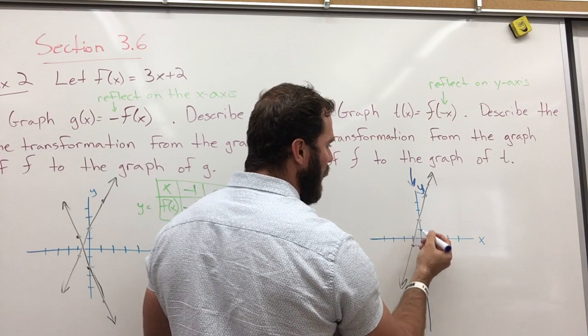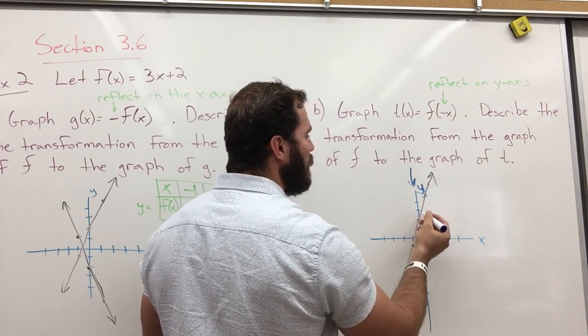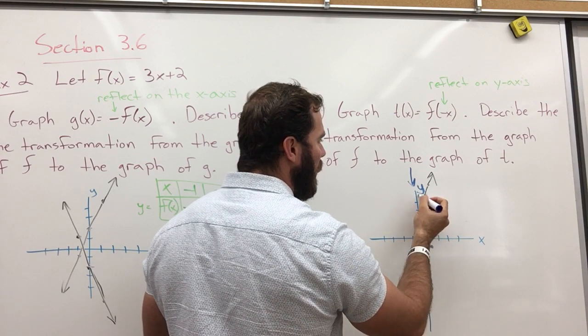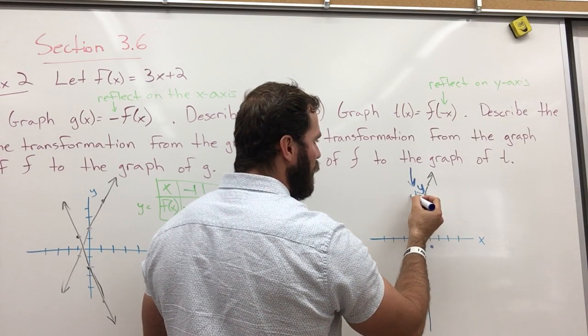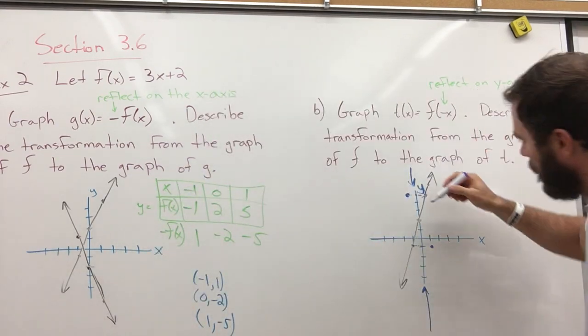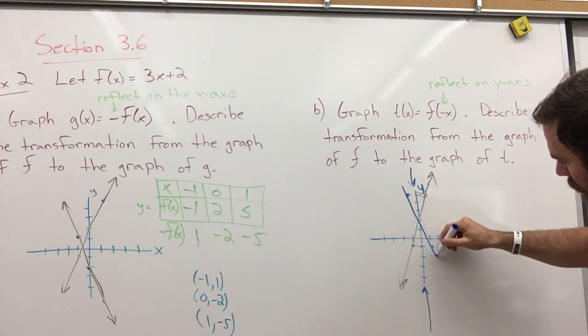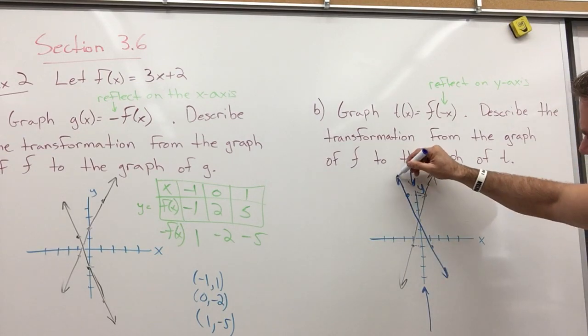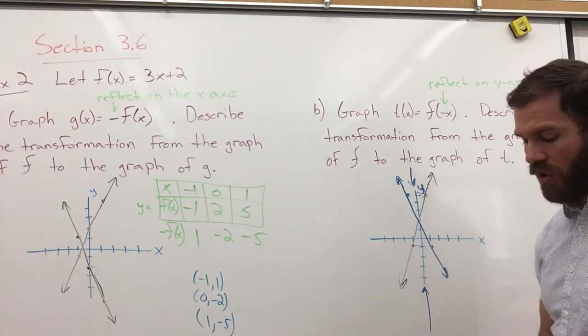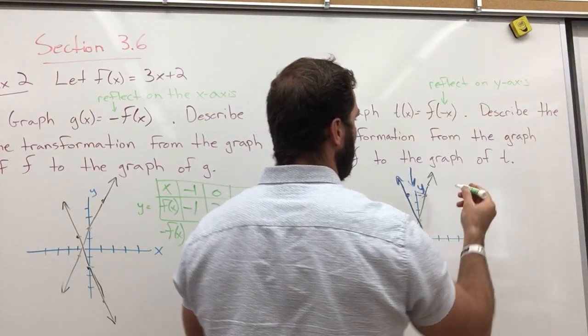I'm reflecting. That one is on the y-axis, so it doesn't even move. This one is also 1 unit away from the y-axis, so let's just go 1 on the other side. And there we go. I reflected it on the y-axis.